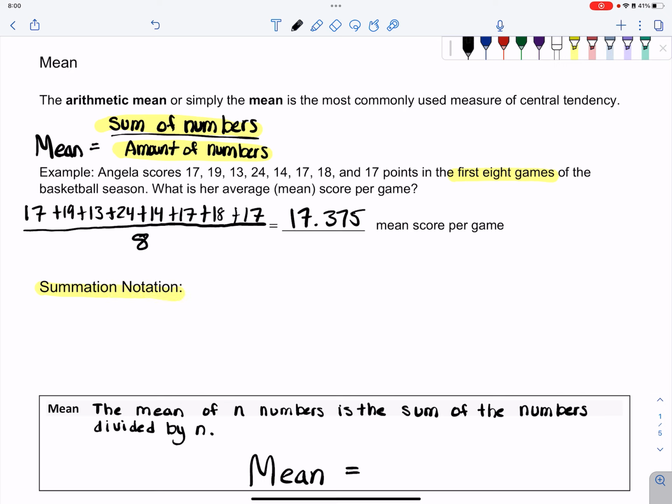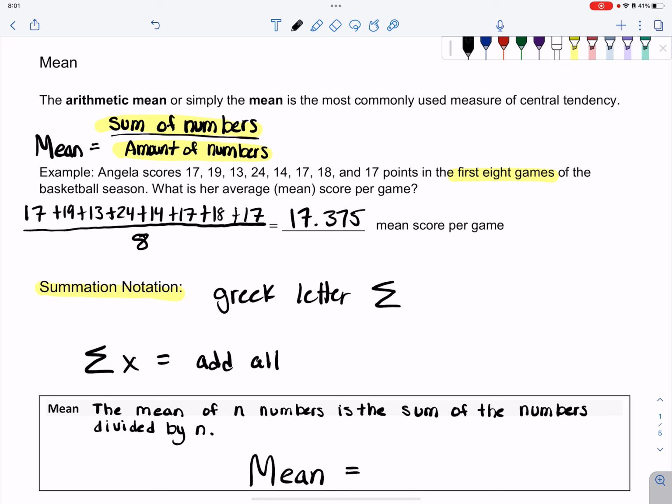To start, it uses the Greek letter sigma, specifically the capital version of sigma. And for our summation notation, if we have something that looks like sigma x, x here representing our data set, this is telling us to add all of the numbers in the set x together.